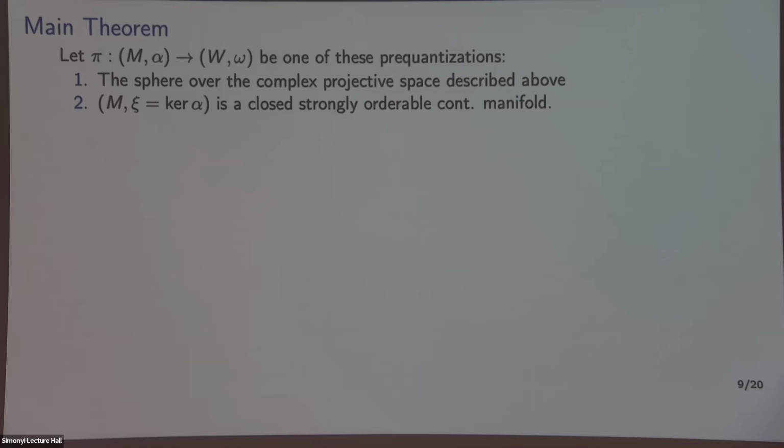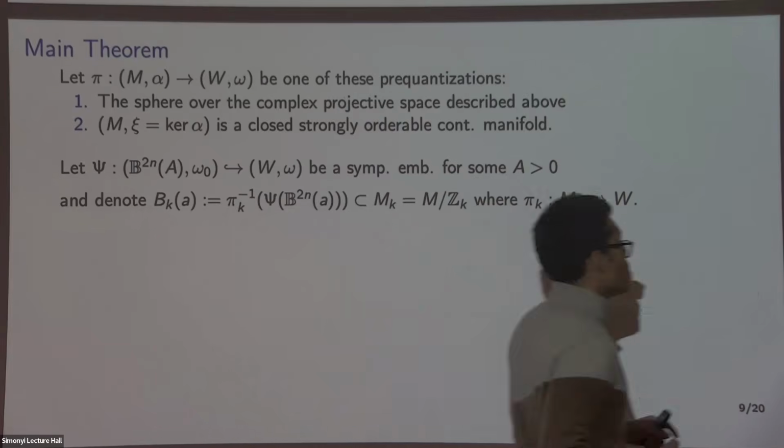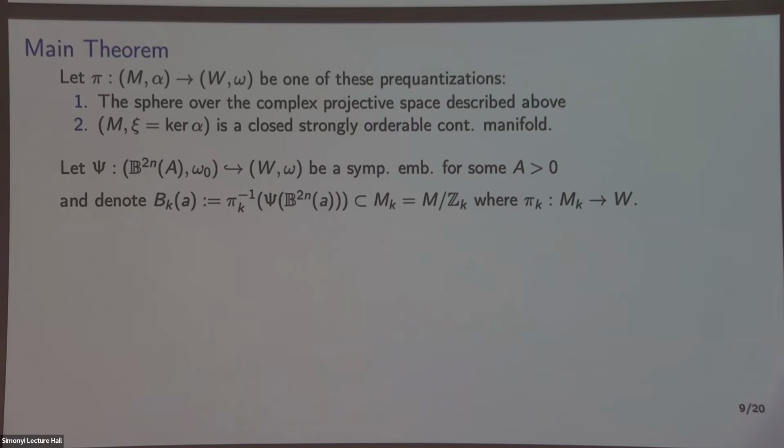Okay. And so some notation here. What I will call a contact ball. When we had a trivial S1 bundle, it was easy to talk about what is a contact ball. Here it won't be so easy, but what I will do, I will start with a symplectic embedding of a ball of radius big A, inside the Euclidean space, into my symplectic manifold W omega.